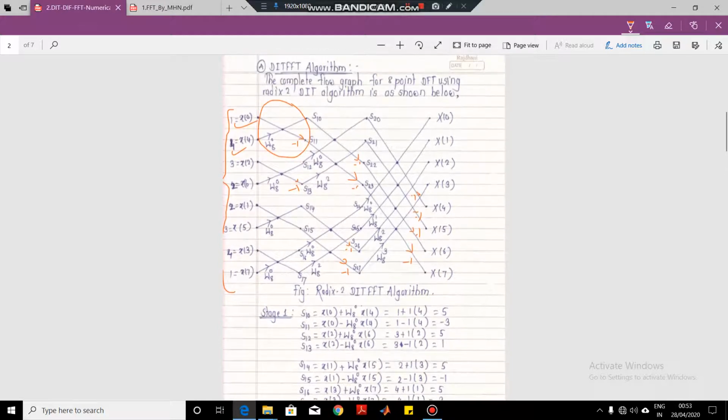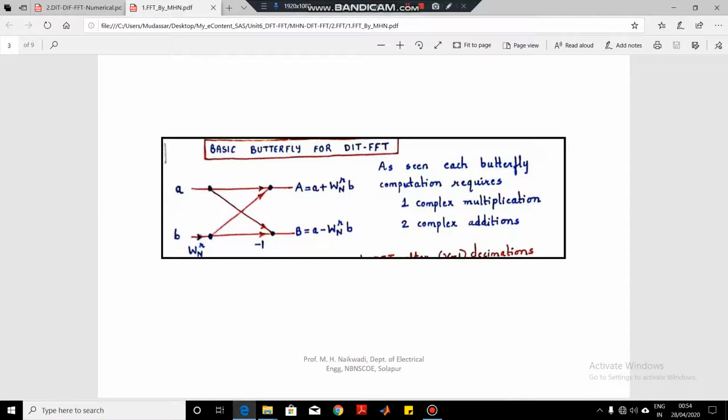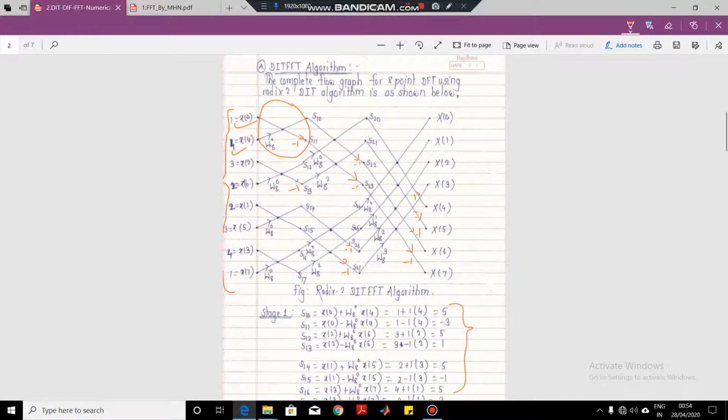So now how to do the computation? Now the first stage output. How is this output taken? This is 1 plus 4. We have seen that the output is simply this plus this. Since W80 is 1, it will be directly 1 plus 4, so we get 5. 1 minus 4 gives -3. In the second butterfly, 3 plus 2 gives 5, and 3 minus 2 gives 1.